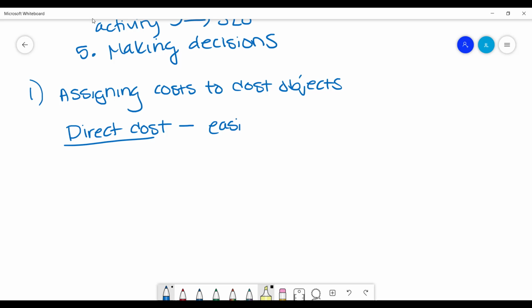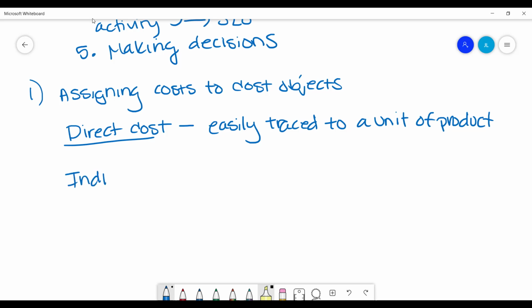So easily and conveniently traced to a unit of product. In other words, I can easily figure out that this specific cost was caused by this unit of product. The opposite of that would be an indirect cost.